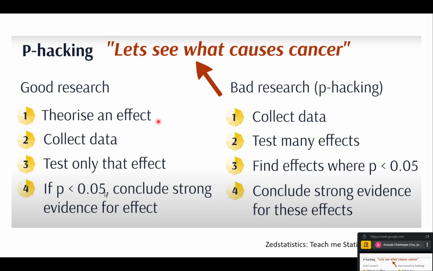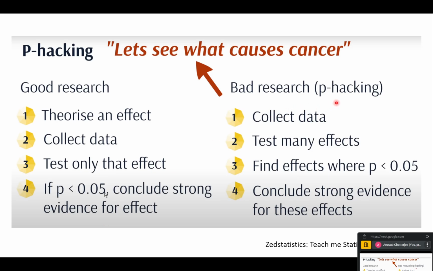So you collect a lot of data and test for only that effect. Is my proliferation hindered more by drug A rather than drug B? And if your p value is less than 0.05, you have good evidence that drug A is working better than drug B in reducing the proliferation rate of the cancer cells.